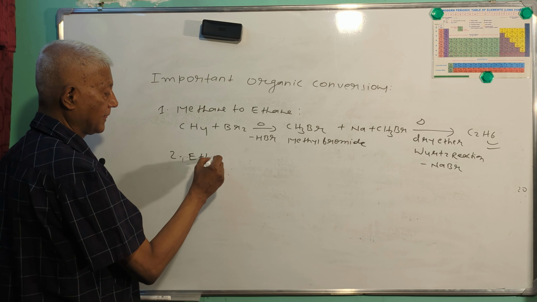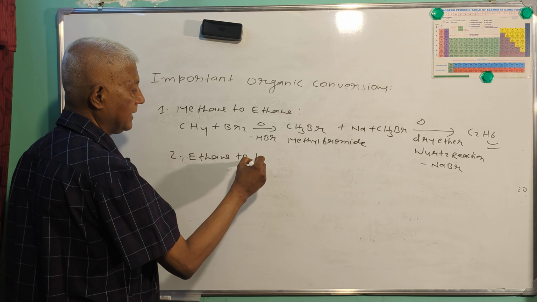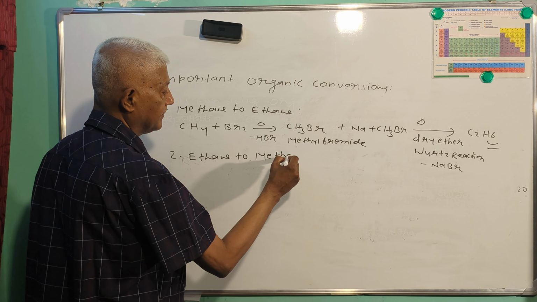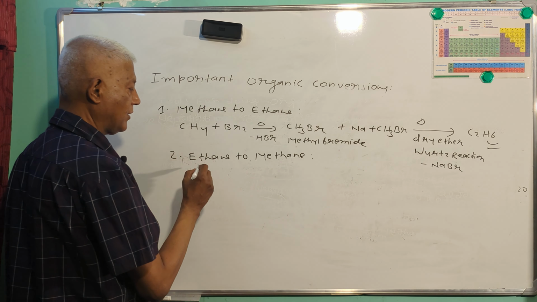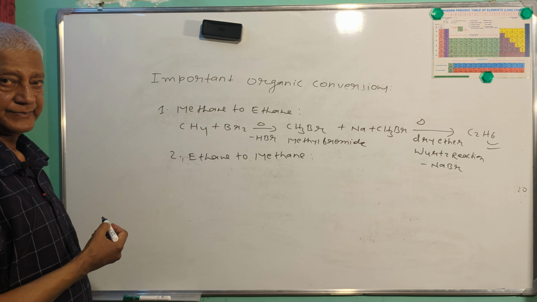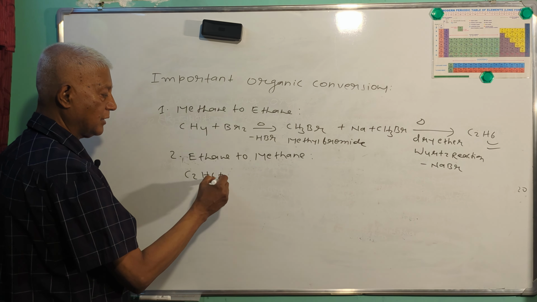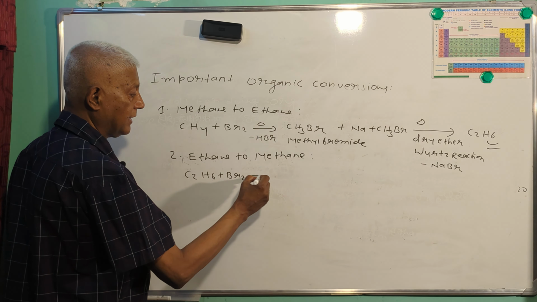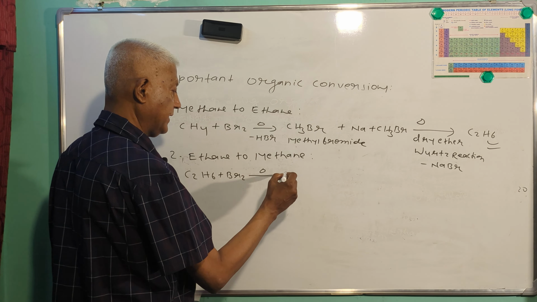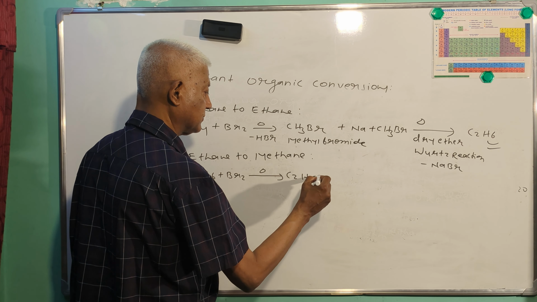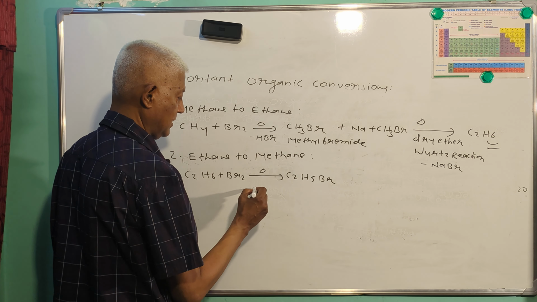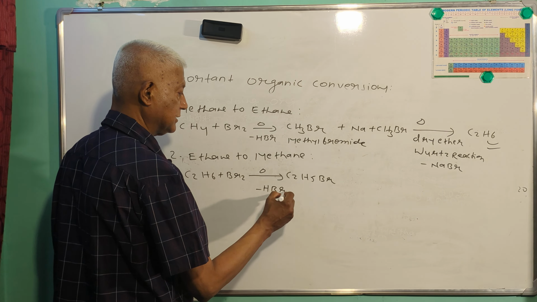Next one is ethane to methane, now higher to lower. At first it is converted into halide, so we get C2H5Br, and the side product is HBr.